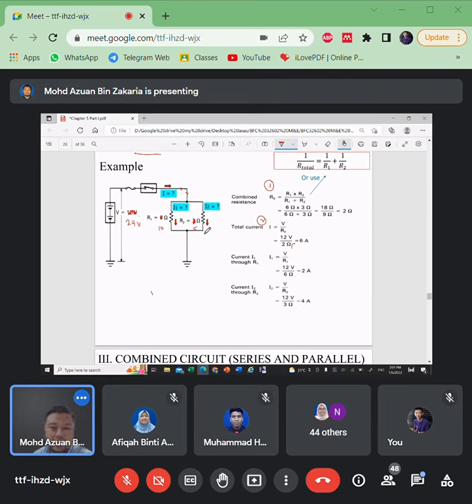Calculate each I. So remember, the steps: first find R total, number 2 get I, and number 3 is I1 and I2. If you're done, you can write your answer in the chat box.